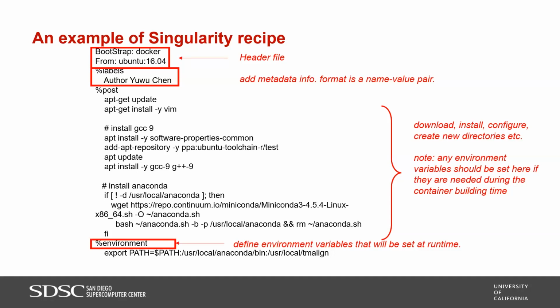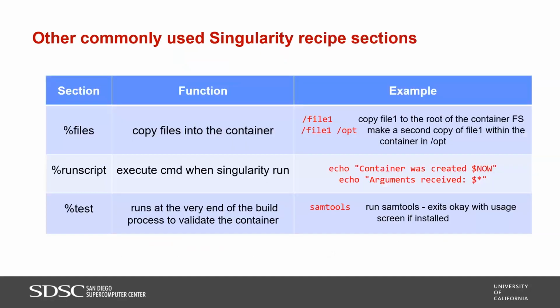So here are some other sections I think are useful, like the files section. For example, if you wish to copy files into the container at the container building time, you can add that section to copy files to some place inside the container file system.